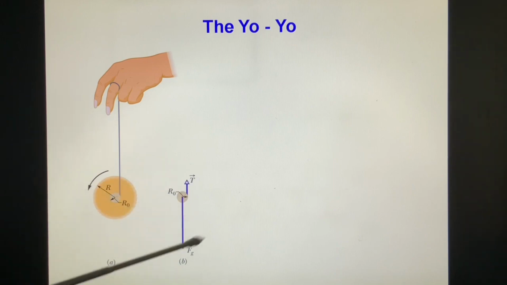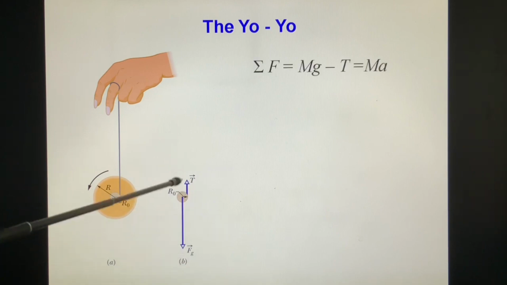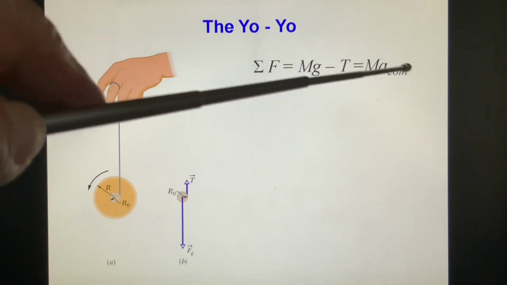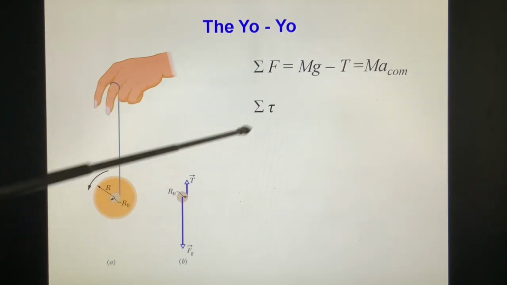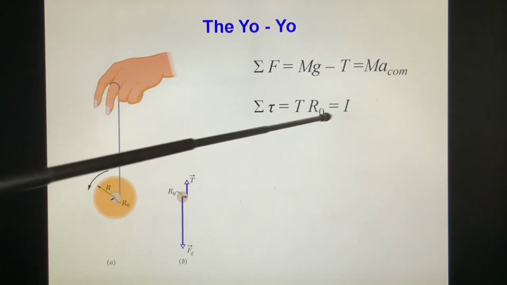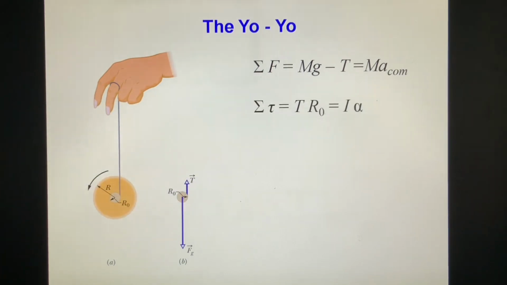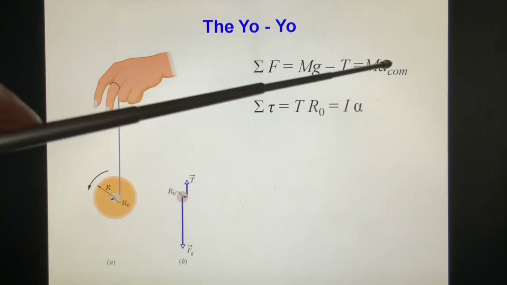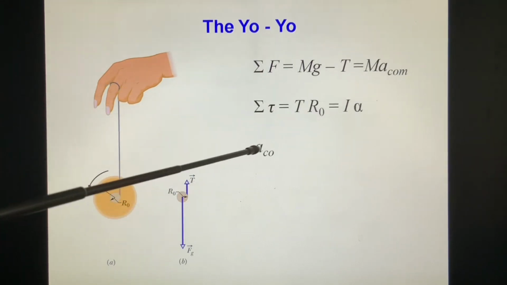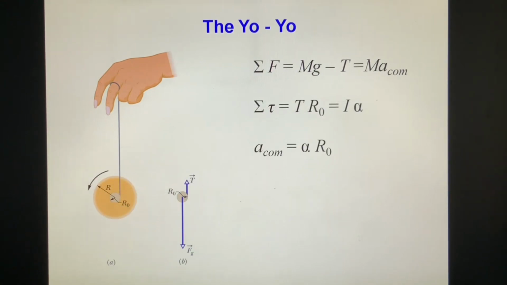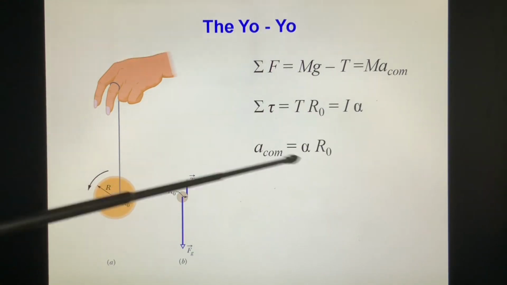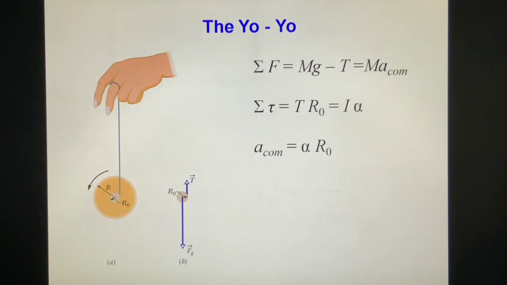Look at this free body diagram. mg minus T equals ma, and for rotation, T R_0 equals I alpha, and alpha and a have the relationship a_com equals R_0 alpha. And with these three, it's very easy, we get a.